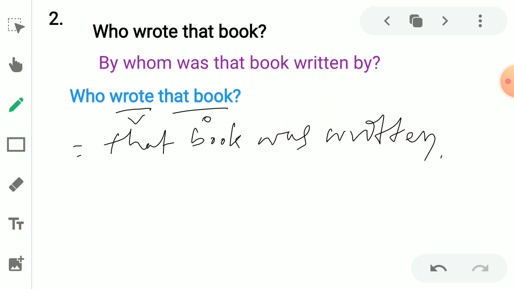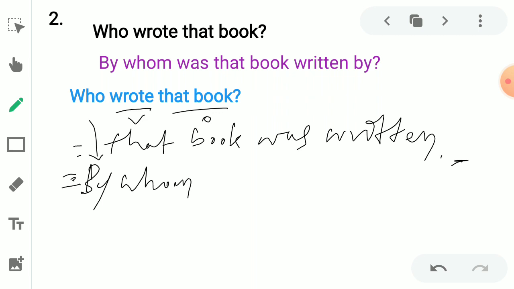Come to the next step. We didn't use by here, so at the beginning we have to take by, then the WH word. By whom? Not a single word, different words. By whom?